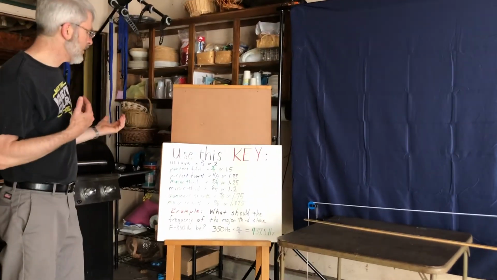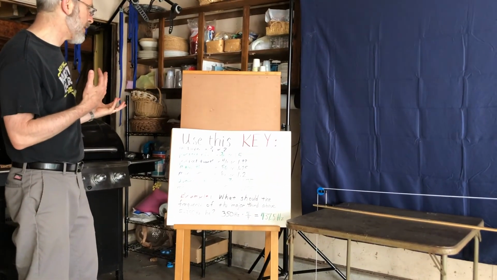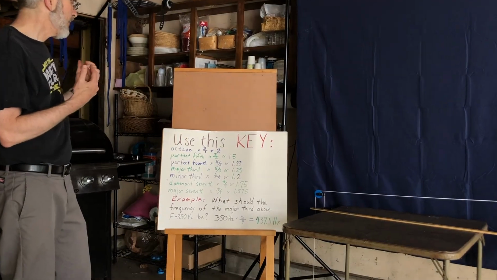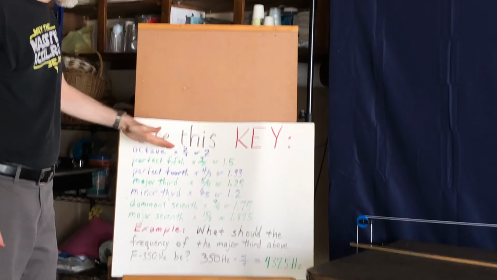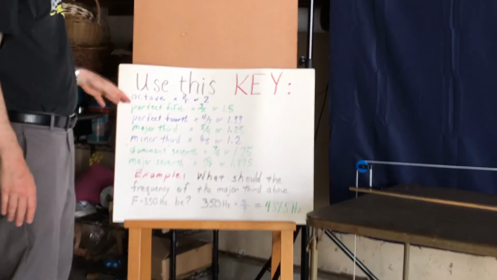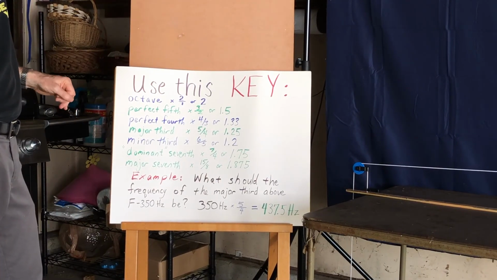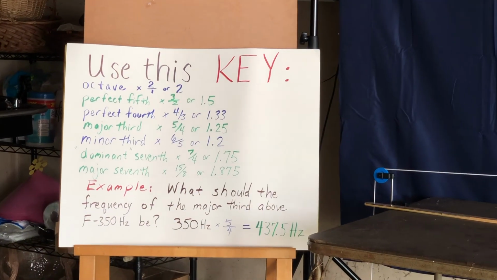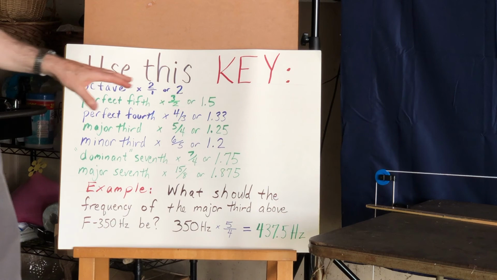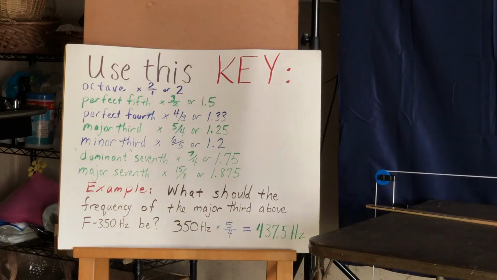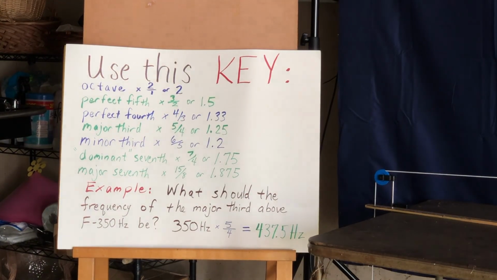According to the rule that I told you, harmonic frequencies are whole number ratios to other frequencies, so like the octave should be 2 to 1, the perfect fifth should be 3 to 2, that sort of thing. What I'd like to do, using this key, is come up with frequencies for notes between A220 and A440.